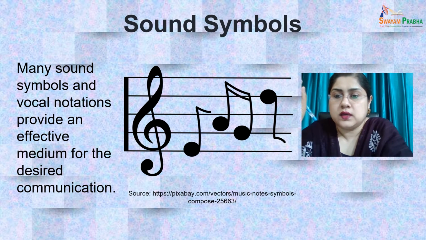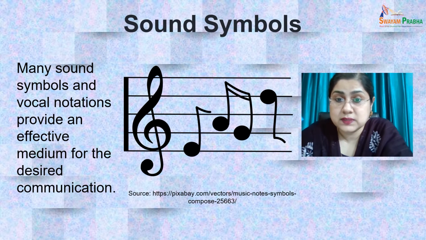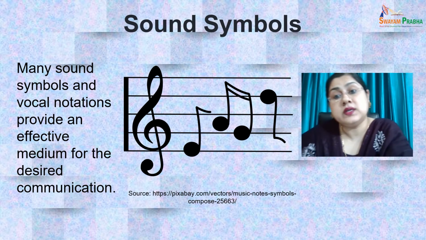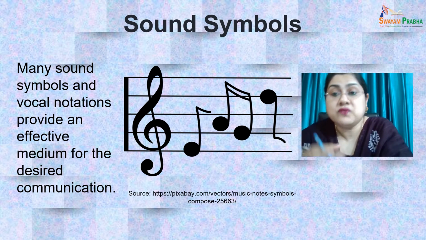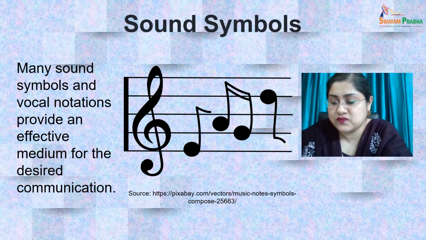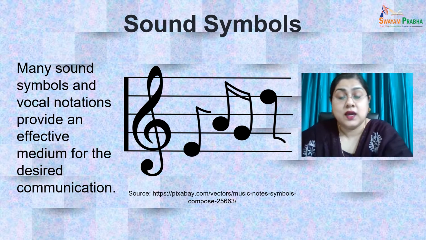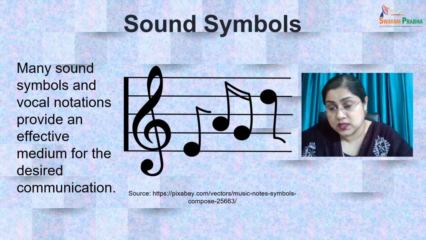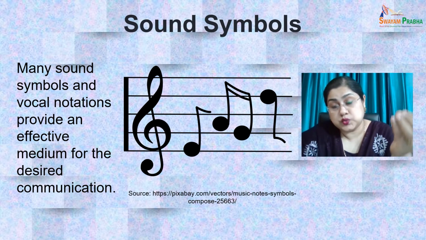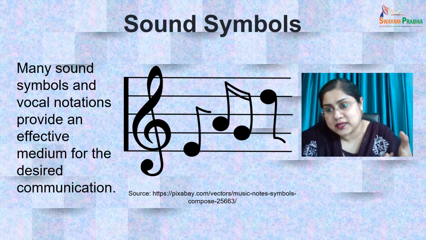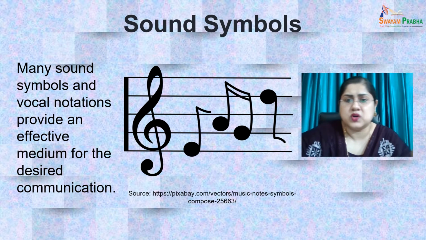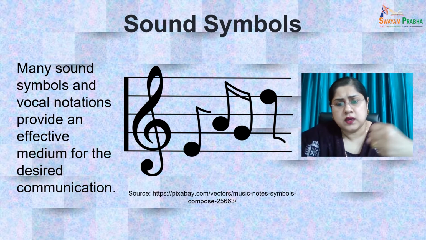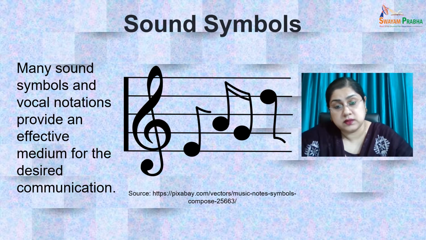So the interpretation of sound symbols can only be made in context to the tone, the volume, and the situation prevailing at the time of the utterance of those sounds. Whistling may be made to tease or to attract, or to make a remark to somebody, or to praise somebody.